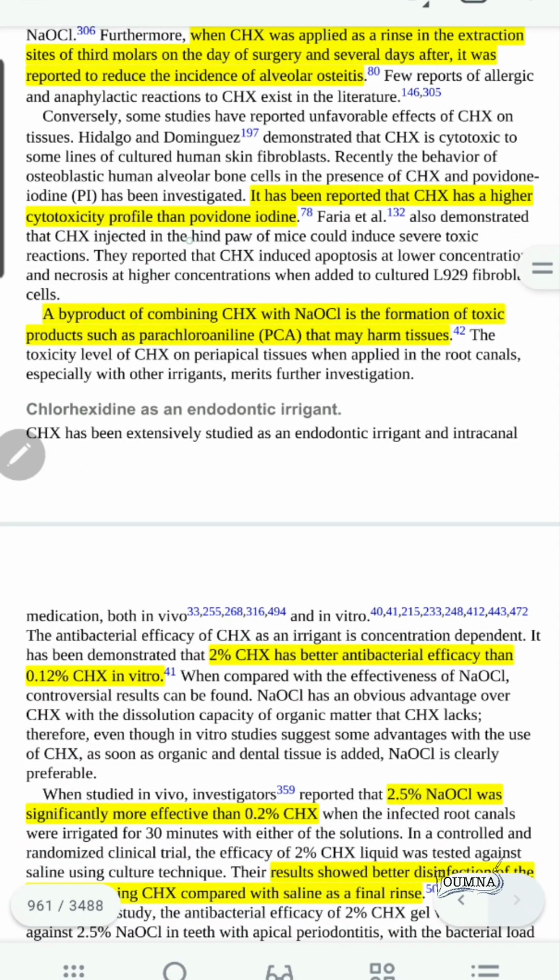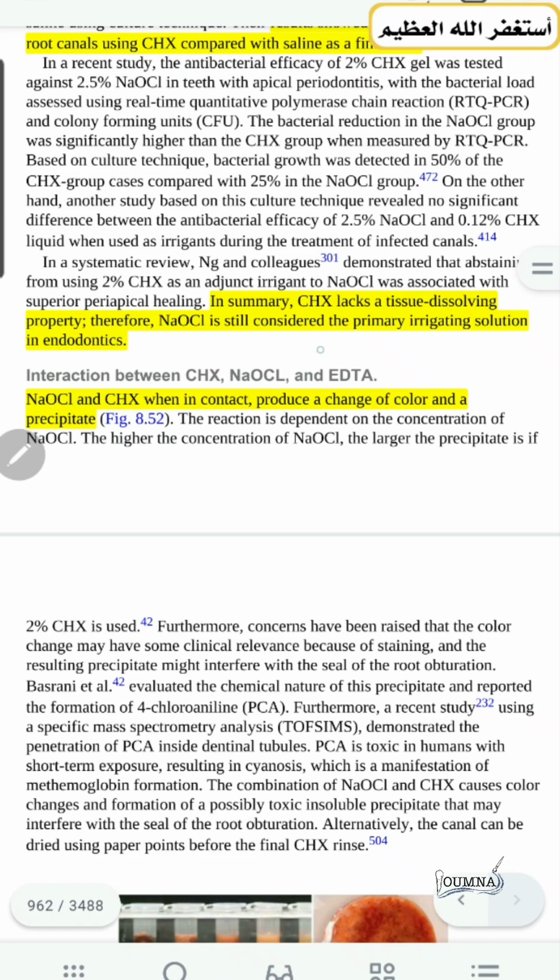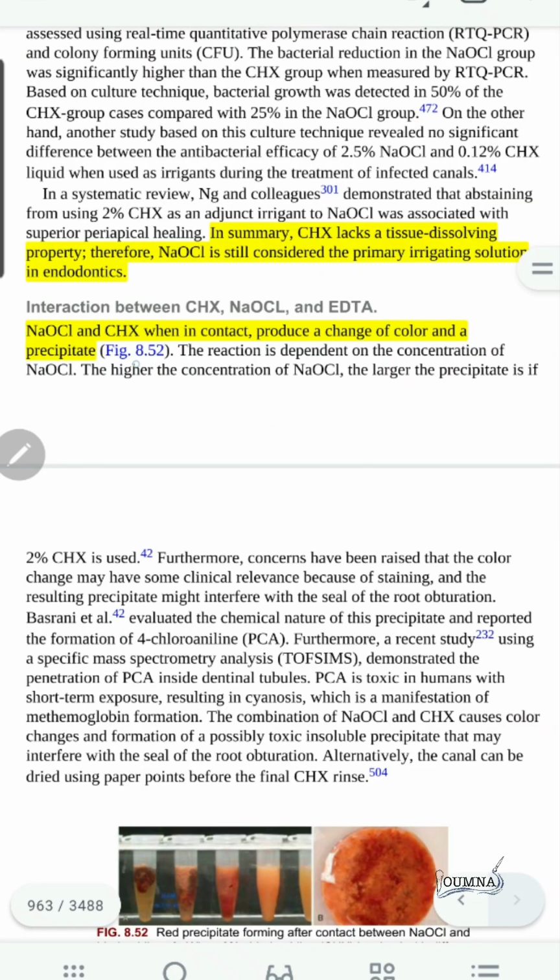But its toxicity is more than povidone iodine. In comparison between chlorhexidine and hypochlorite, hypochlorite has a tissue dissolving property that chlorhexidine lacks. They should not be combined together because they produce a colored precipitate.